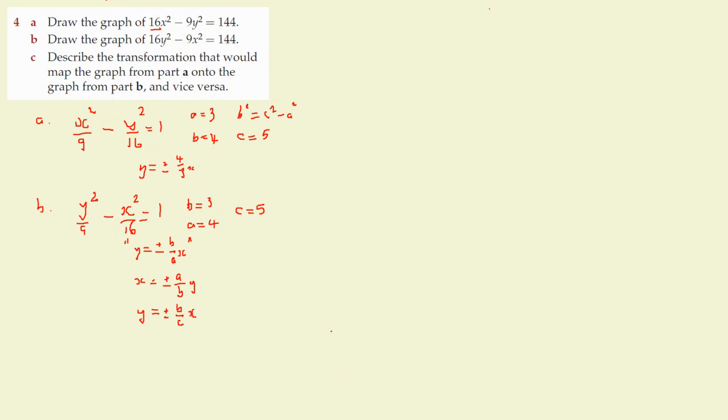In just the same way as up here, b squared equals c squared minus a squared is still true. So we can now sketch our graph.